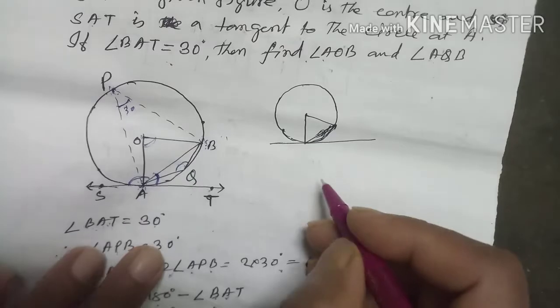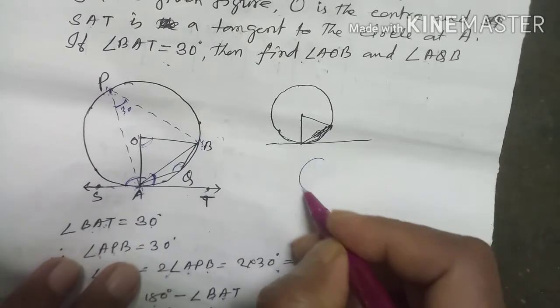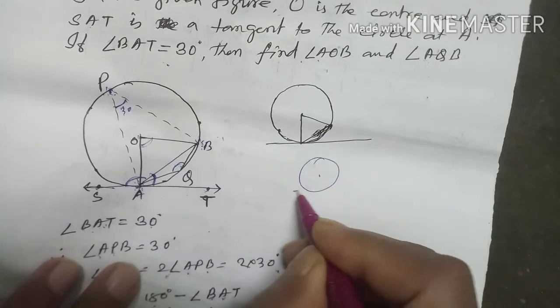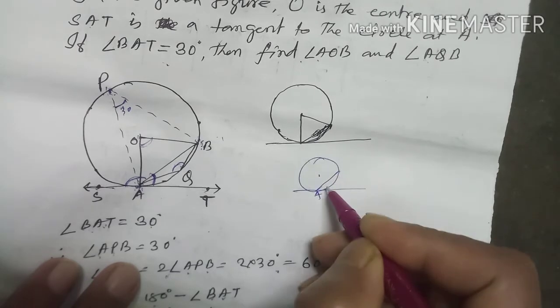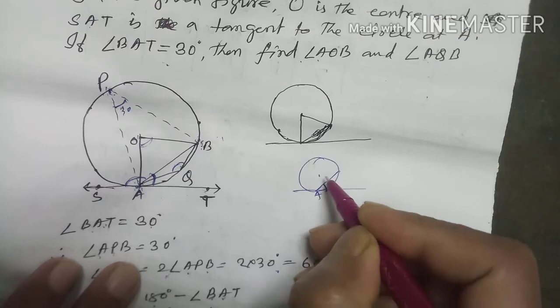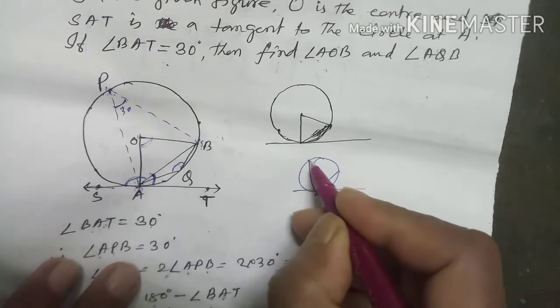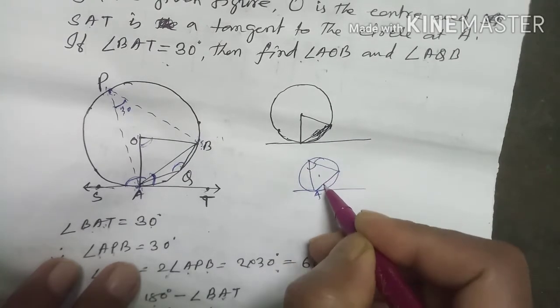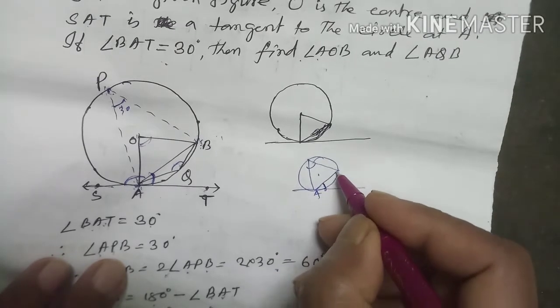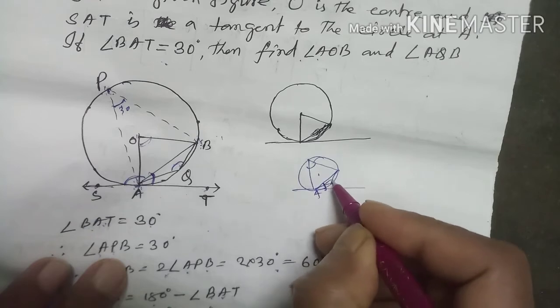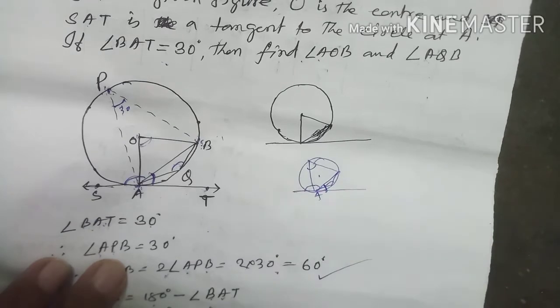This is the theorem. When a tangent is drawn at a point on a circle and there is a chord, this angle equals this angle. This is the angles in the alternate segment. Similarly, this angle equals this angle.